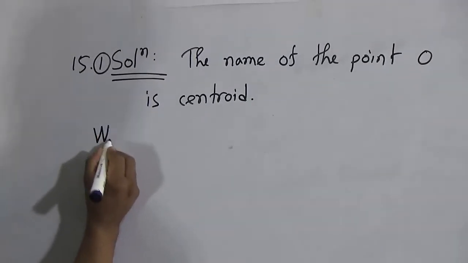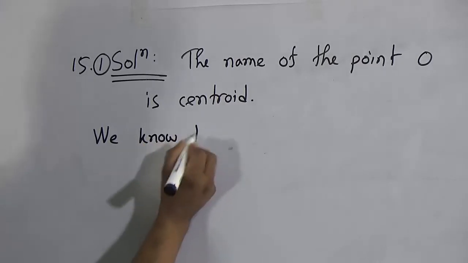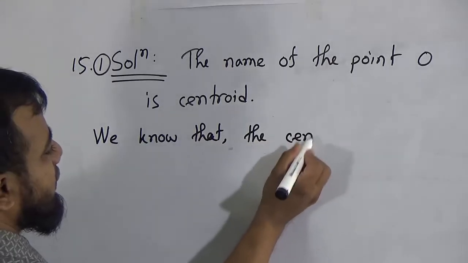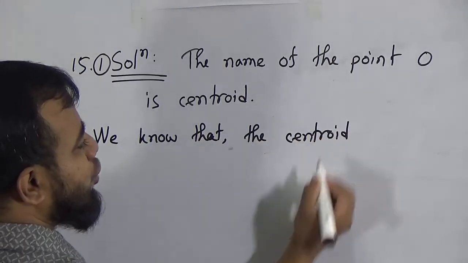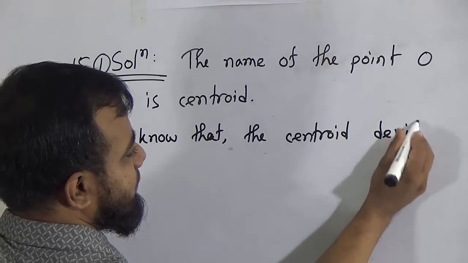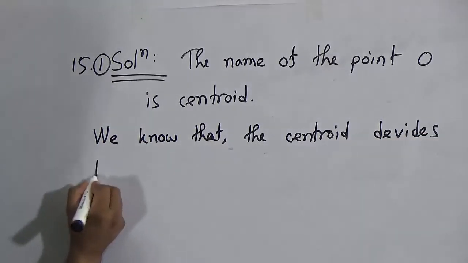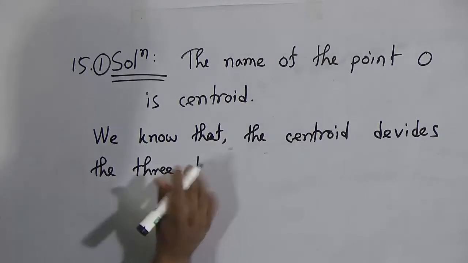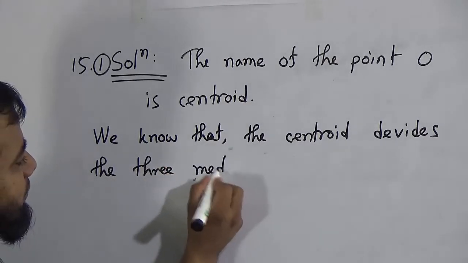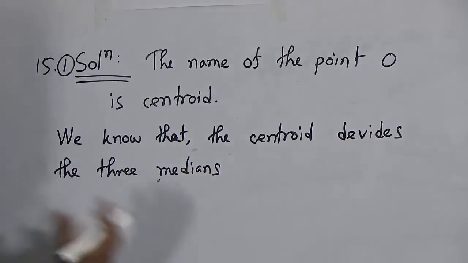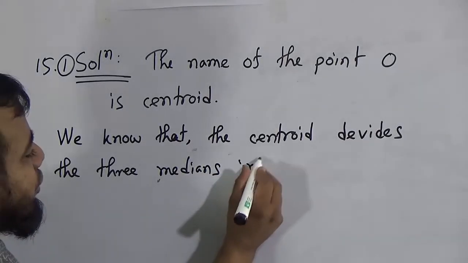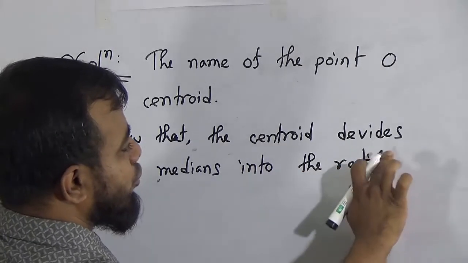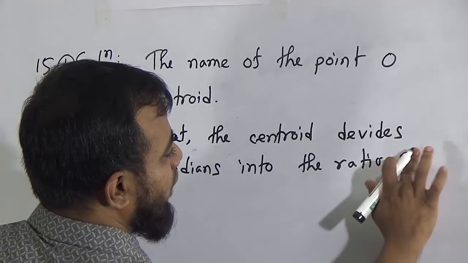We know that the centroid divides the three medians, or you can write each of the three medians, in the ratio 2:1.